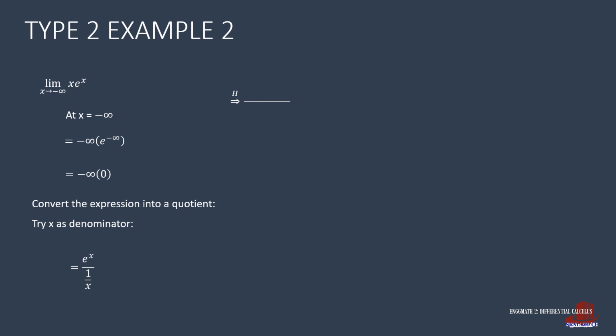So take the derivative of e raised to x and also the derivative of x raised to negative 1. Again, this is the reciprocal of x. Then we get e raised to x over negative 1 times x raised to negative 2. Or we can simplify the denominator to have e raised to x over negative of 1 all over x squared.